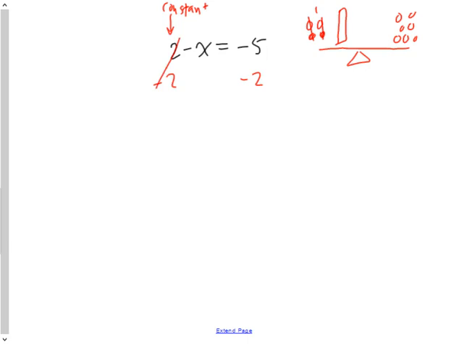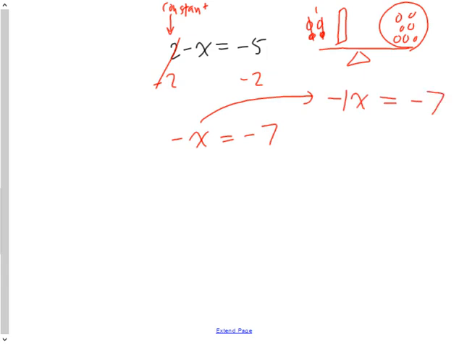Now what's important to realize is when you get rid of your constant, you do not have x. You still have a negative x equals negative 7. Because there are no zero pairs here. But we're not done. Because this negative x right here is the same thing as saying negative 1x equals negative 7.